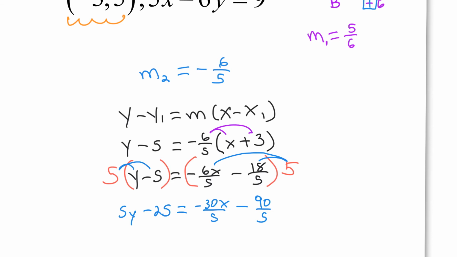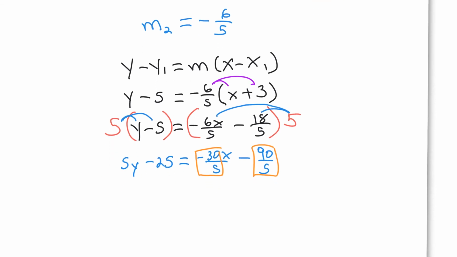Now, one thing that you can do, you can simplify the fractions. So let's go ahead and do that. So I'm going to have 5y minus 25 equals negative 6x, negative 30 divided by 5 is negative 6, minus 18, 90 divided by 5. We need to get y by itself.